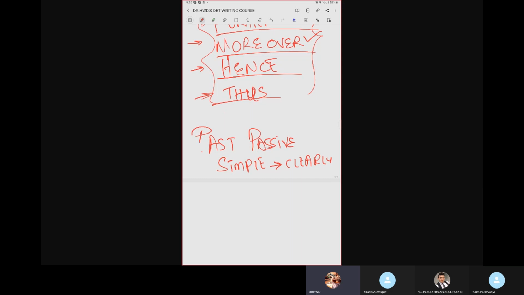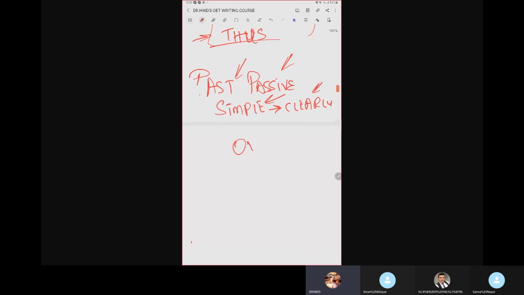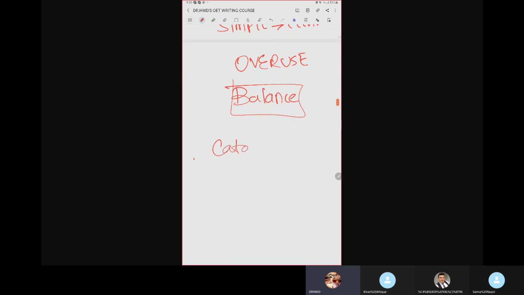So your letter is supposed to be in the past tense, in the passive form, and it should be simple and clear. Now, there are certain students who either overuse the connectors or don't use them at all. There is supposed to be a balance, and you would use connectors when you're moving from one category to another.